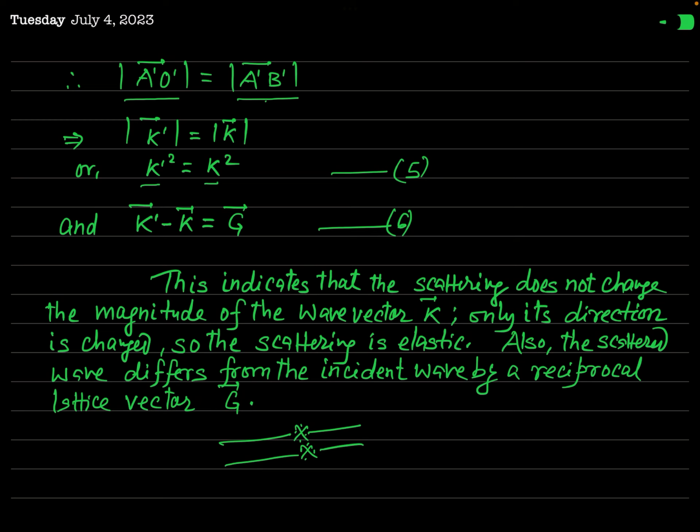But in vector form, vectorially they are not equal. You can't say that k prime vector is equal to vector k. It means after Bragg's reflection, what happens? When Bragg's reflection takes place, the magnitude of the wave vector does not change. Only its direction changes. So k dashed is not equal to k, but mod of k dashed is equal to k.